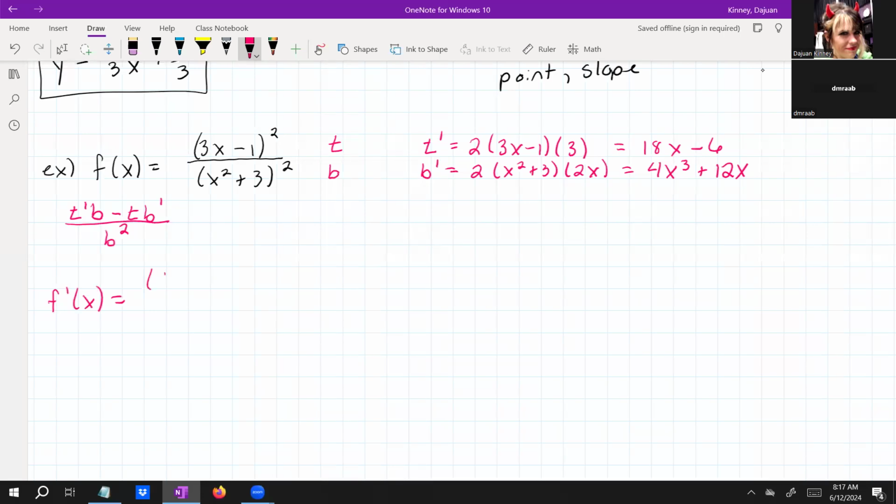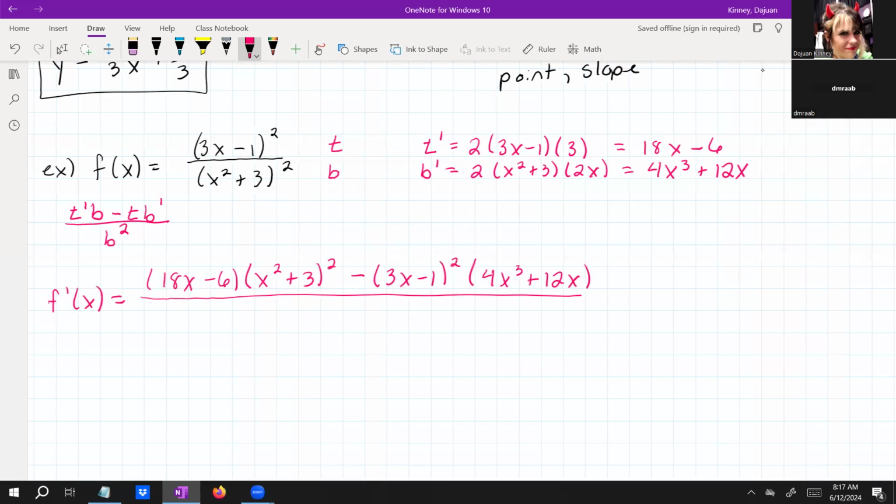Derivative of the top is that guy there times the original bottom equation minus the original top equation times the derivative of the bottom. I really hope I'm not making any glaring boo-boos on this. All over the original bottom equation squared.